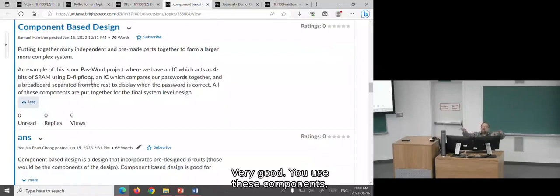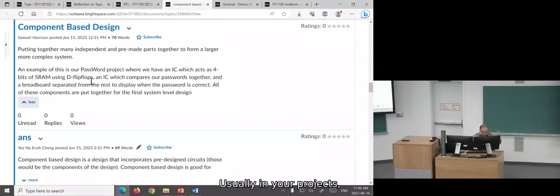So you use these components, one for storing with flip-flops, the other for comparing. You don't design these two elements at gate level. That's a very good example.